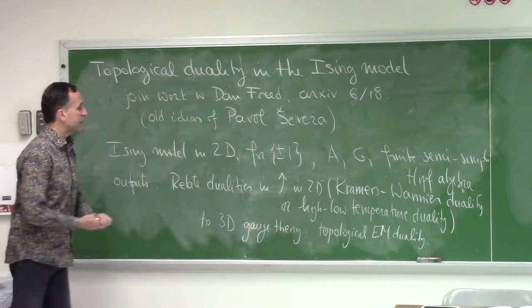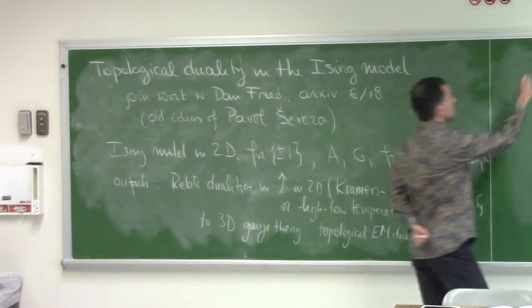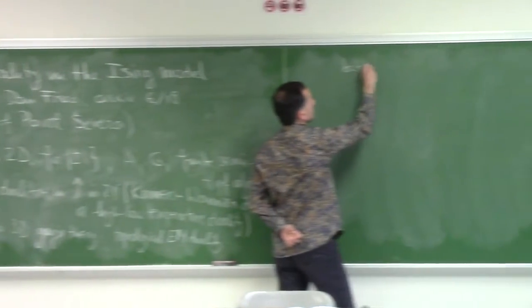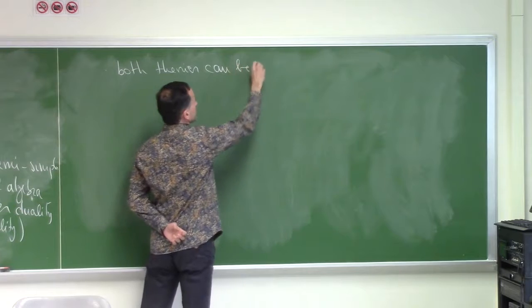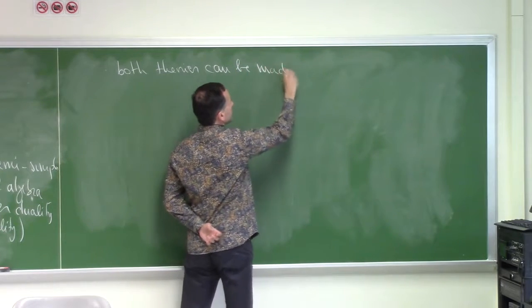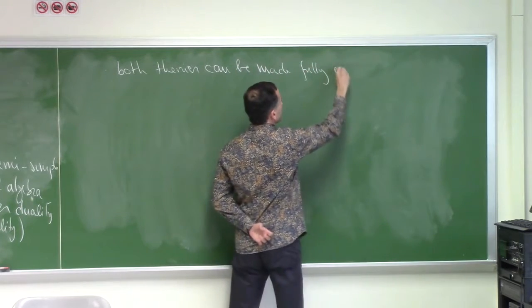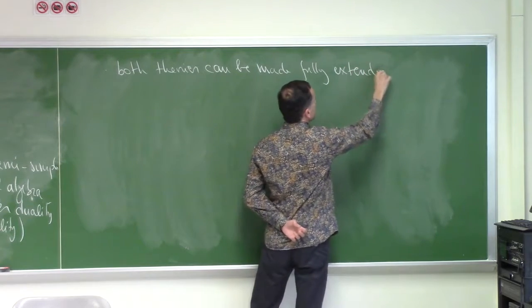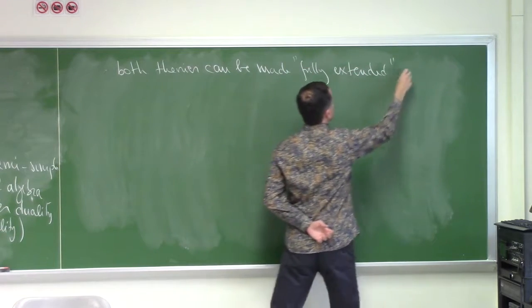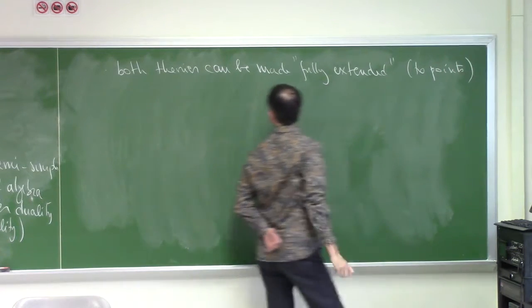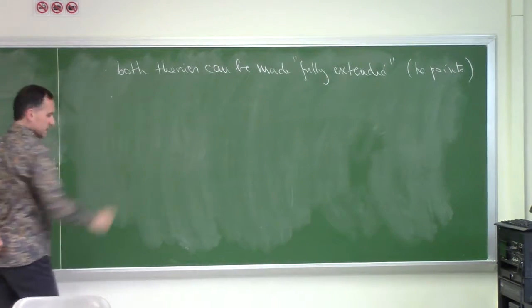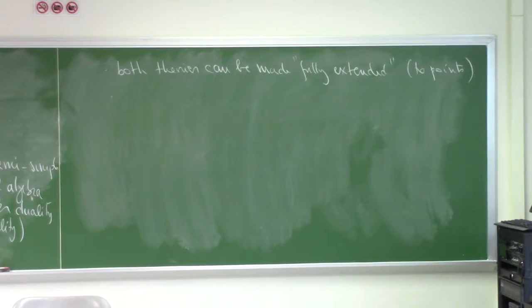But it turns out it's an output, because as a result, both theories can be made fully extended in the sense of TQFT. And now, having done that, you can exploit what we know about fully extended boundary conditions for three-dimensional gauge theory.